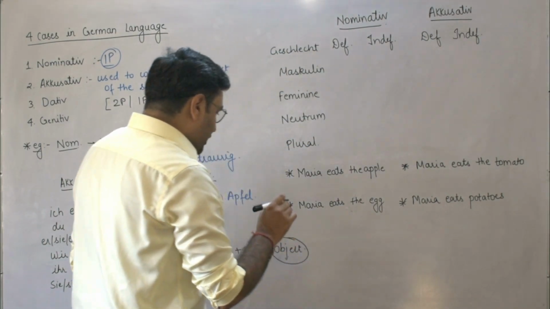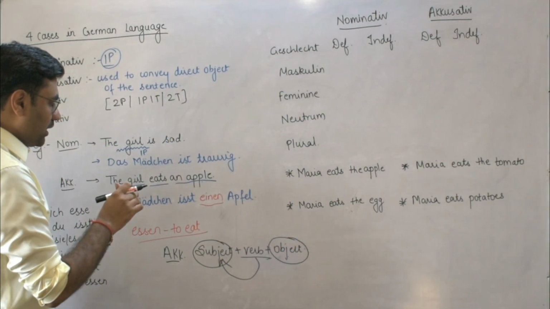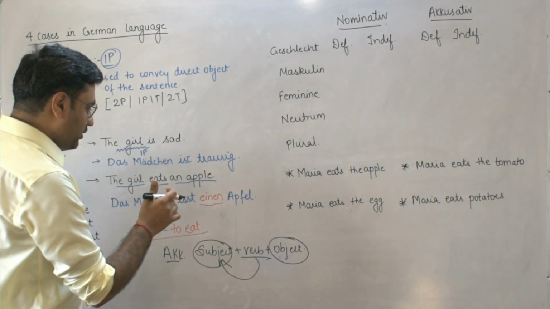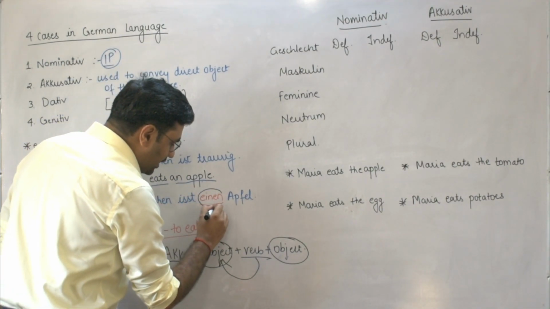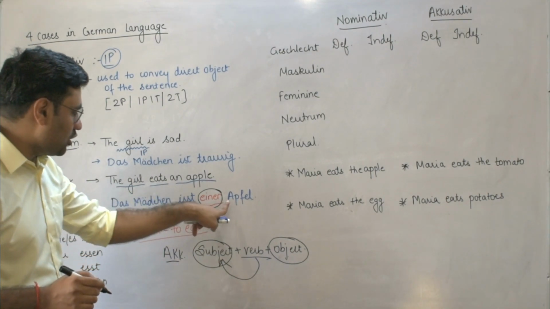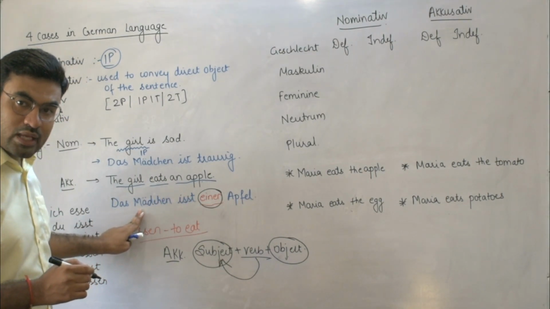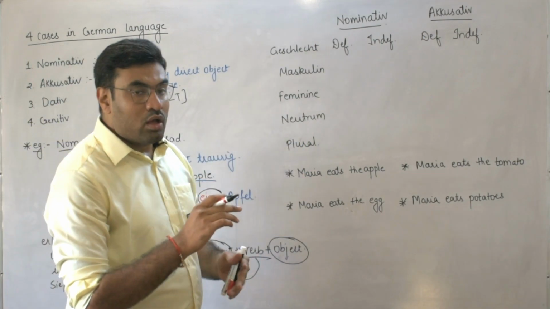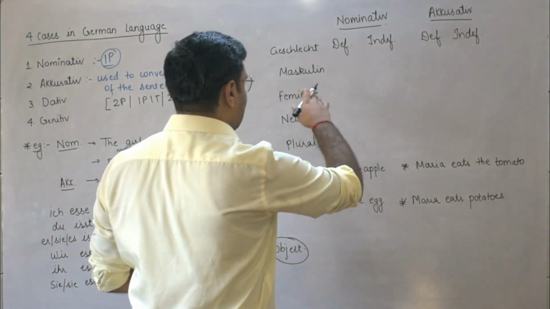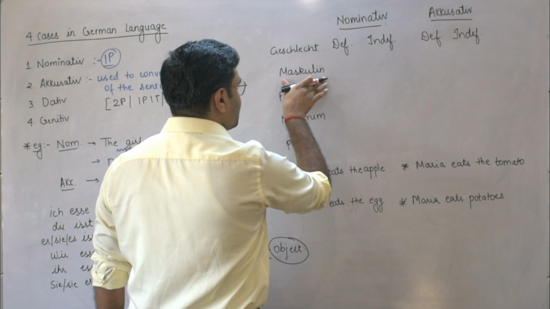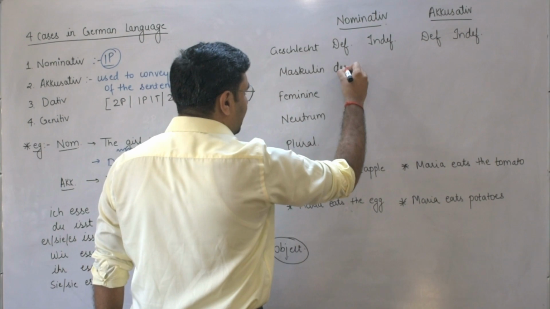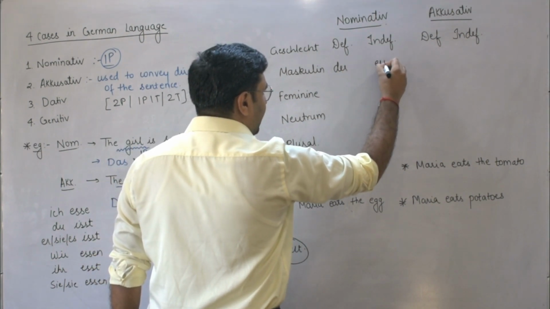Now, I have just told you how to denote that this sentence is in the accusative. We are using an article here. So einen denotes that this is an object which is getting influenced by the action done by the subject. Now, how do these articles change? In the nominative case, masculine definite is der, indefinite is ein.